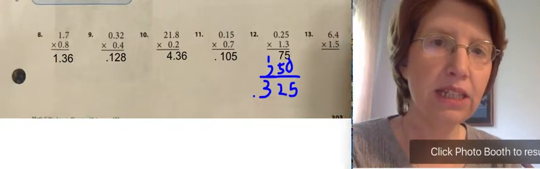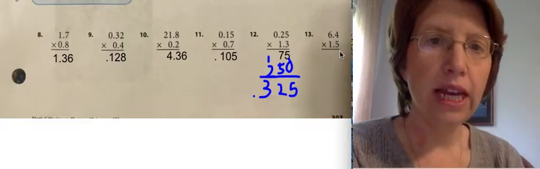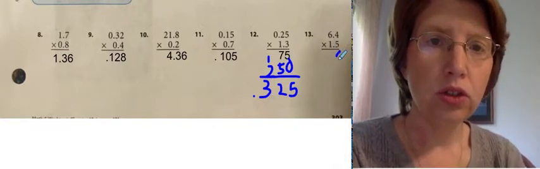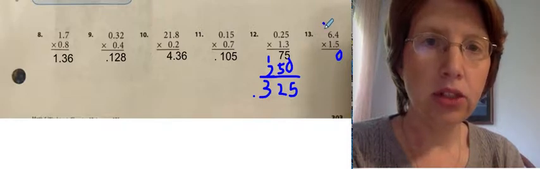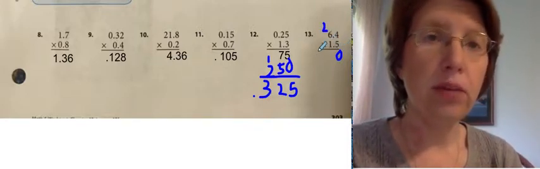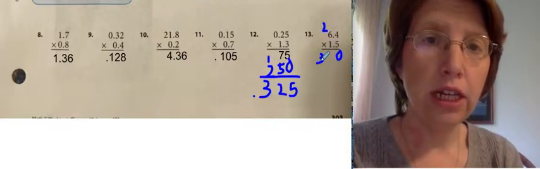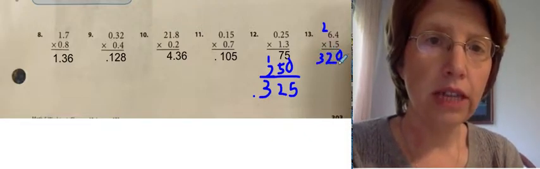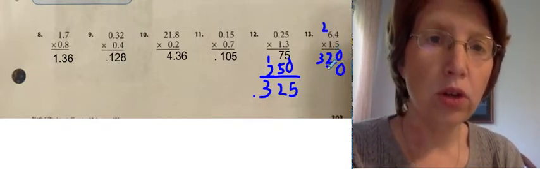Okay? What about this one? 5 times 4 is 20. Carry my 2. 5 times 6, 30 plus 2 is 32. Go to the second row, put a 0. 1 times 4 is 4.